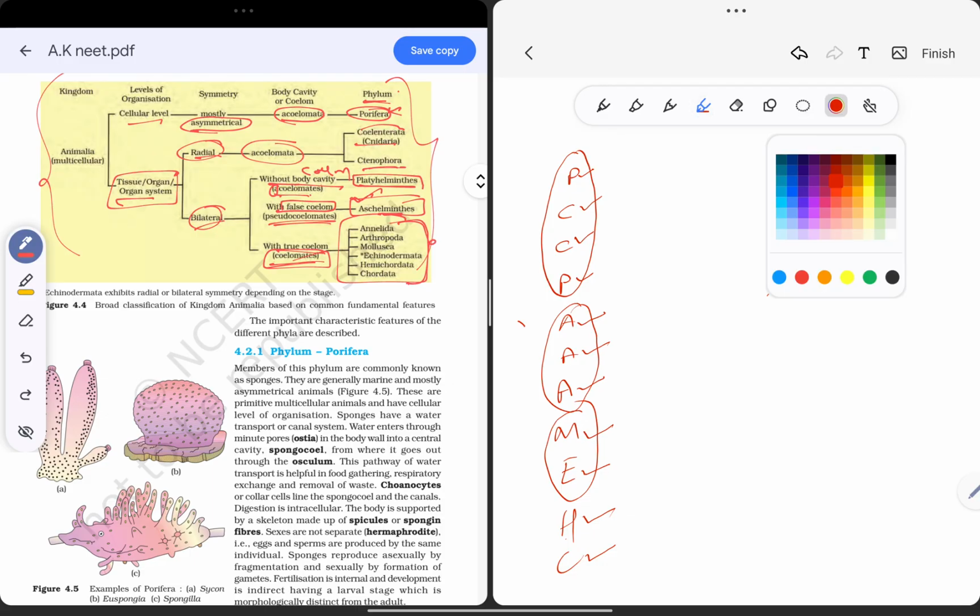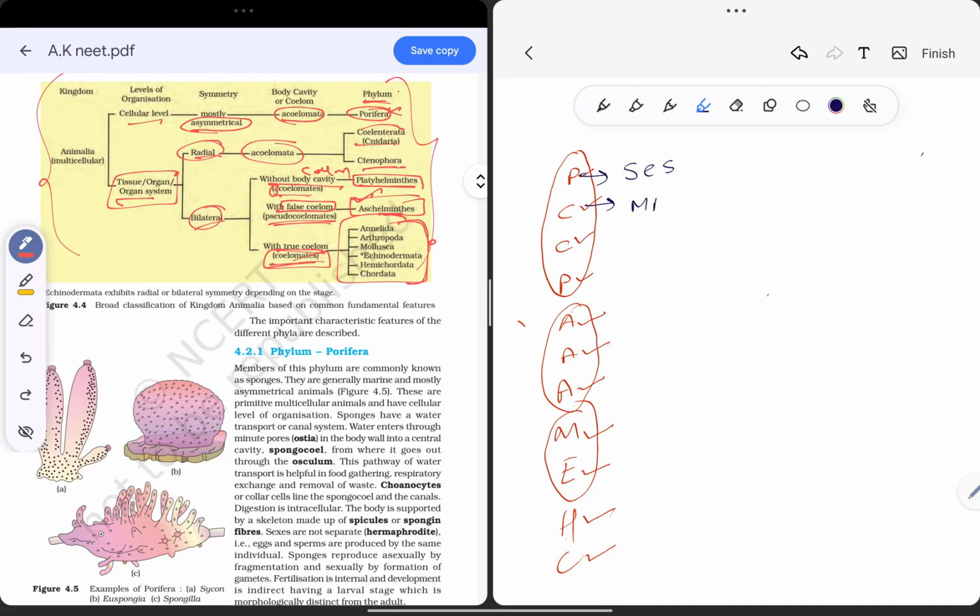For each and every code, I'll give you the other code also for examples. This is CES. This is MAPG. This is FT. This is AVAL. The Aschelminthes NPH.